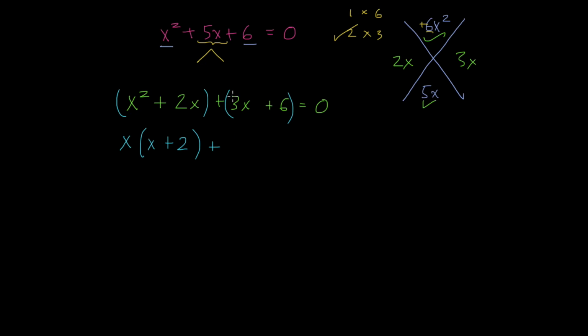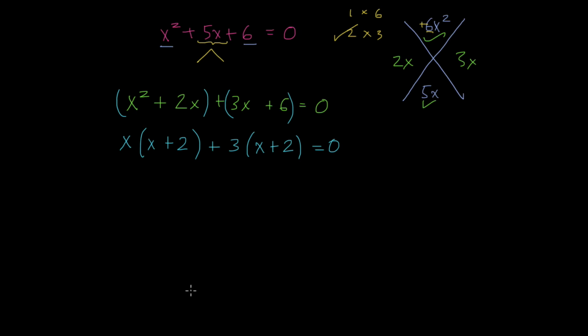Plus, and then I want to look at these two terms. Well, here the thing I have in common is a 3, because this is divisible by 3, and so is the 6. So I take out the 3 in common, and then I'm left with x here, plus 3 times 2 is 6, so 2 equals 0. And you may notice that what we have in the parentheses here and here is the same, and that is good.